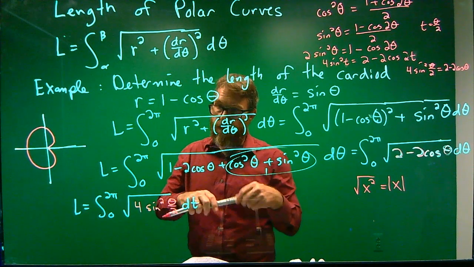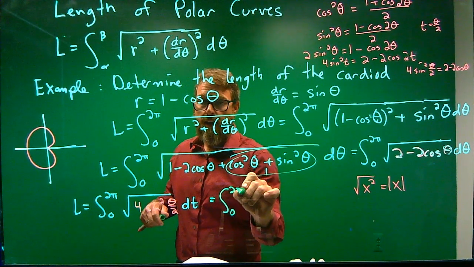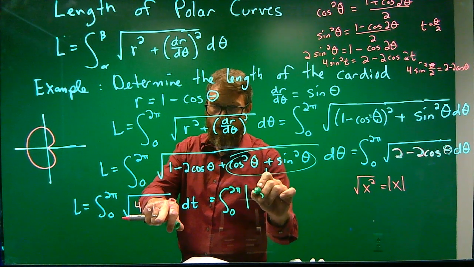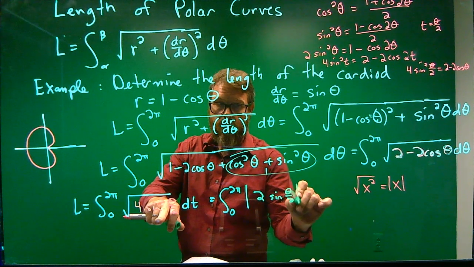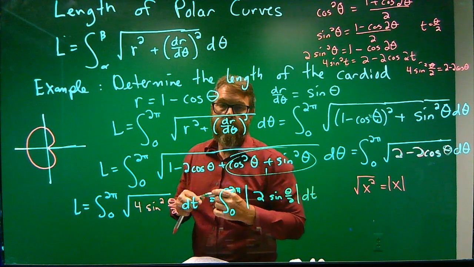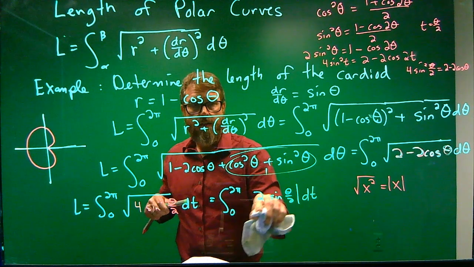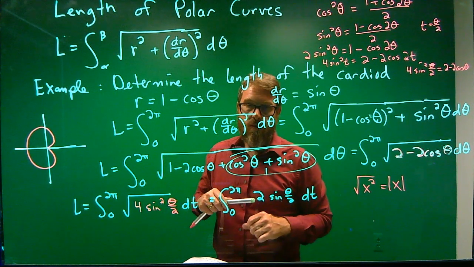So this is a positive expression. For completeness, this would be the integral from 0 to 2 pi of the absolute value of the square root of this, so this is 2 sine of theta over 2 dt. But since it's positive, we're good to go.